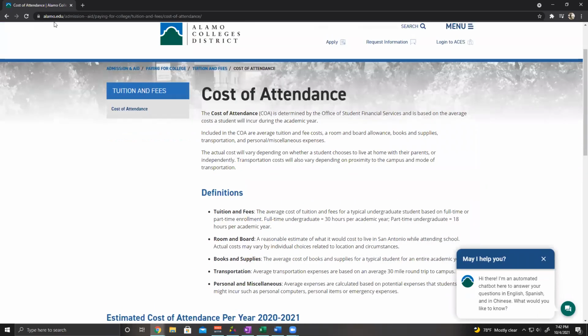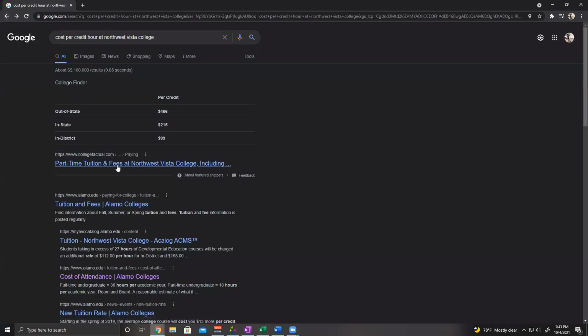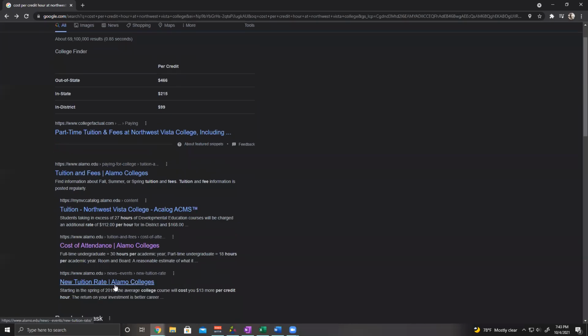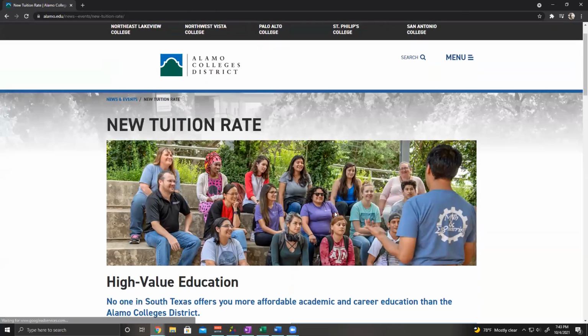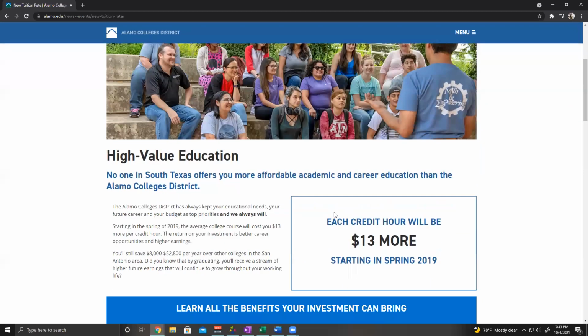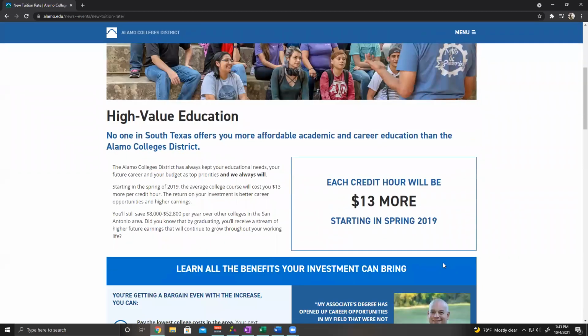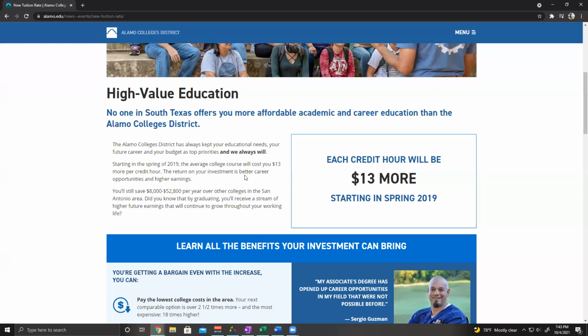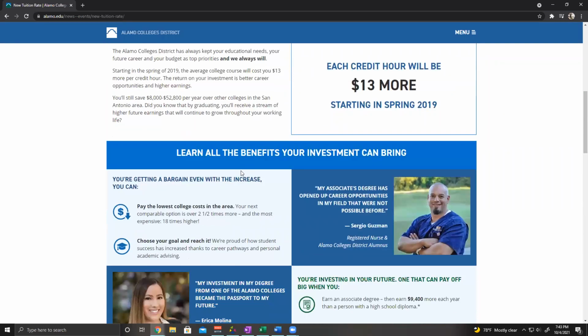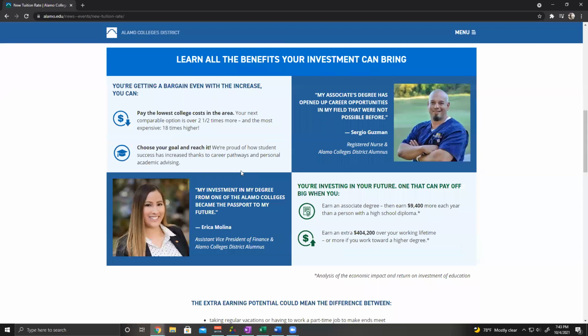Two semesters. New tuition rate will be $13 more in the spring. Well, how much is it?